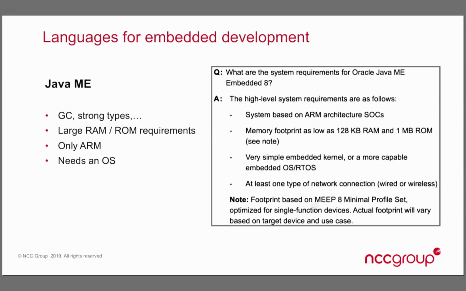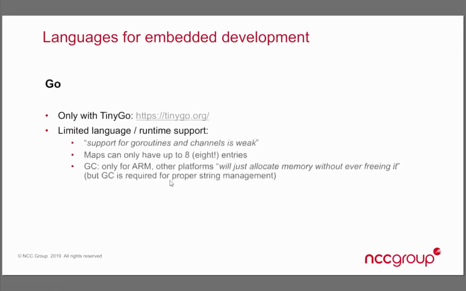There is a note that says actual footprint will vary based on target device and use case. So it's like the mileage on a car. It may change. So usually you cannot use that on the smaller microcontrollers, it's just too big. Another example is a fashionable language known as Go.